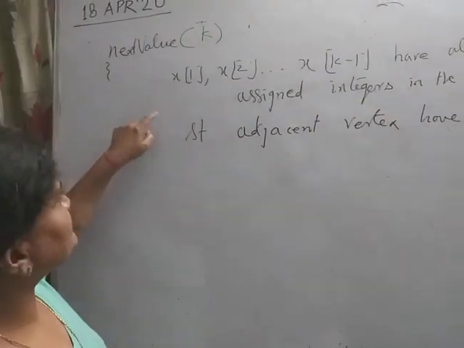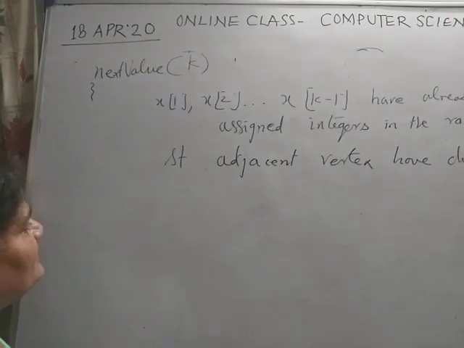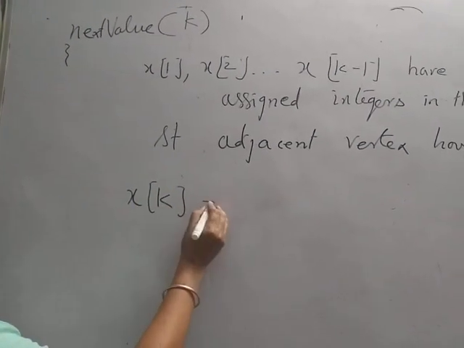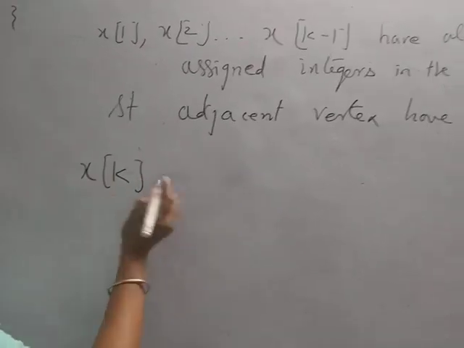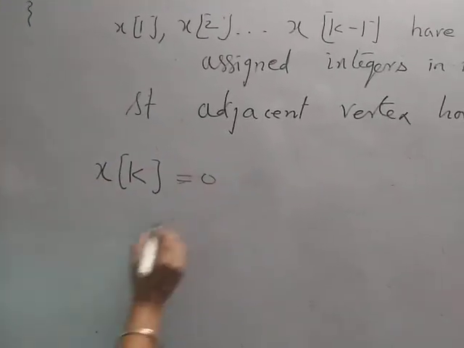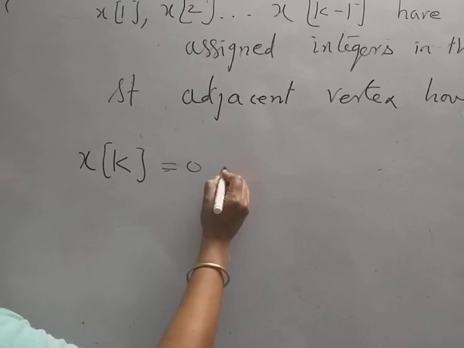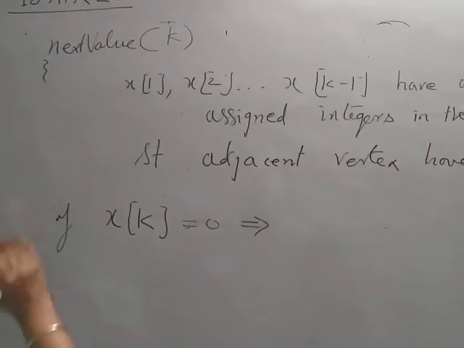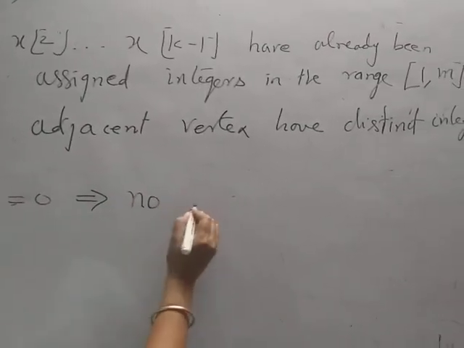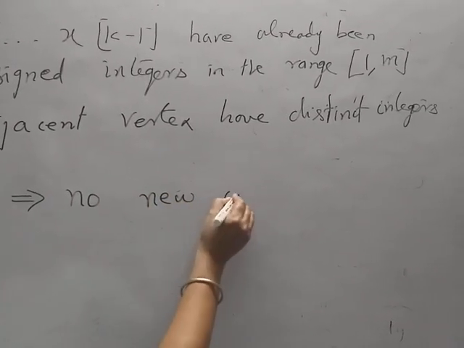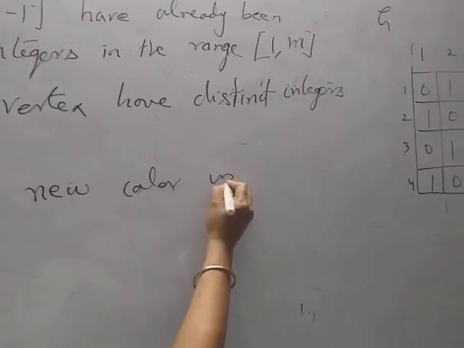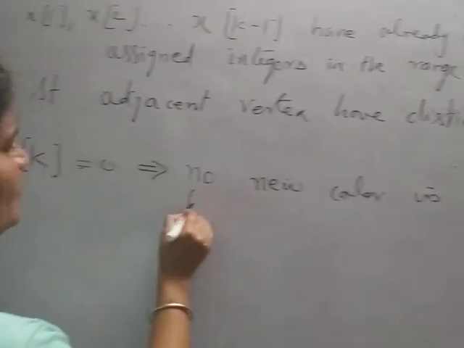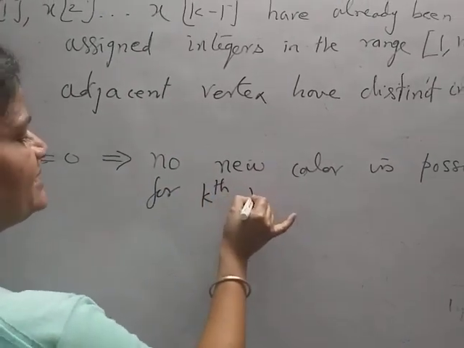Now this function will give x_k. If x_k equals 0, it means no new color is possible for the kth vertex.